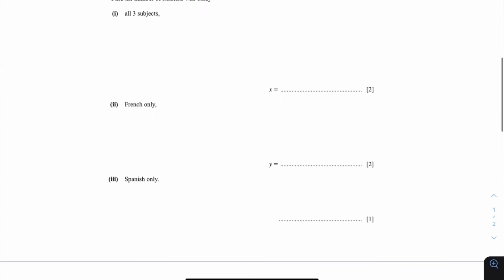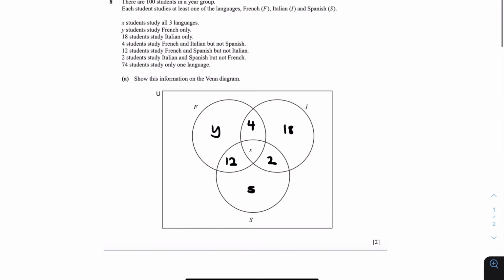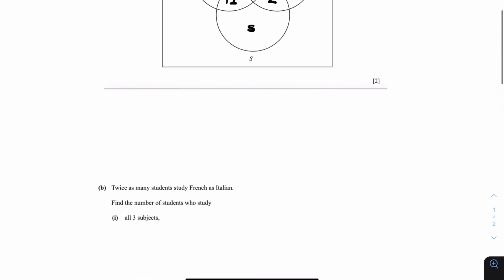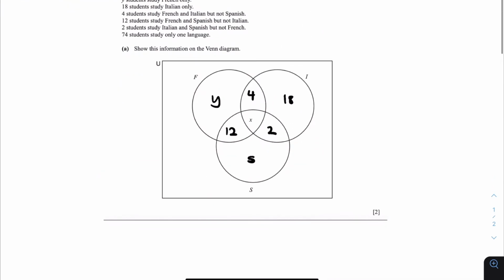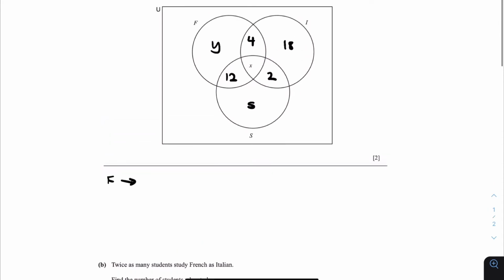Twice as many students study French as Italian. Find the number of students who study all 3 subjects. Okay, so all 3 subjects, that's denoted by X. Knowing that twice as many students study French as Italian, we can make an equation. I'm going to do it up here because there's more space. The number of students studying French is everything in this region over here.